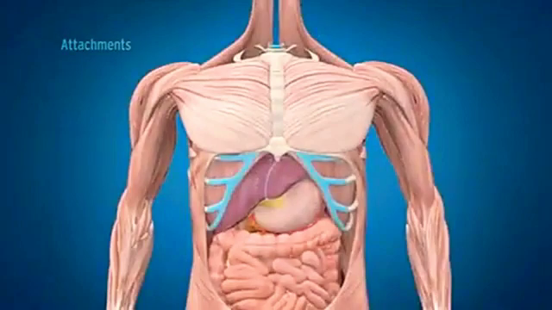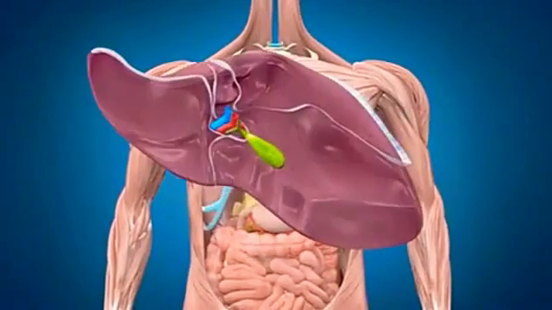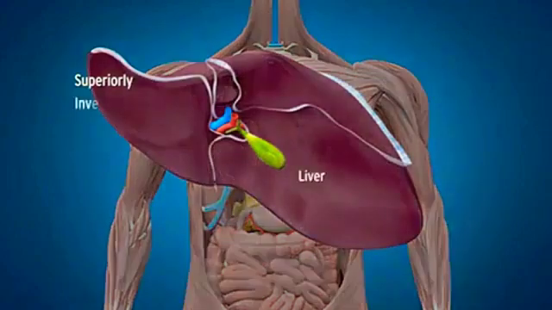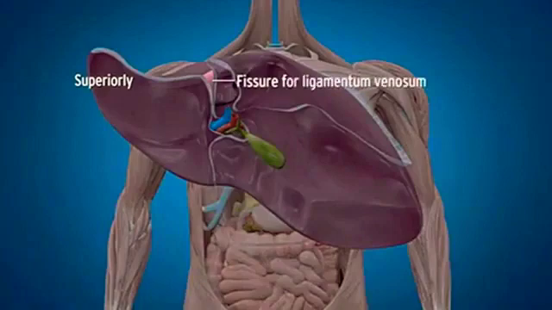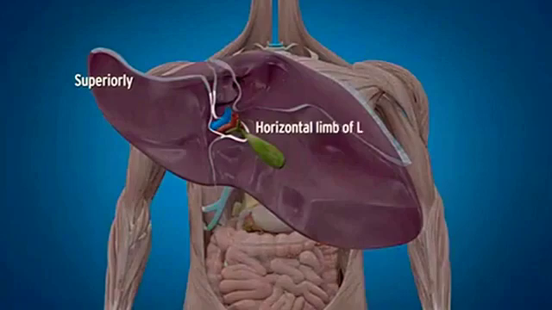Attachments. Superiorly, it is attached to the liver in the shape of inverted L. The vertical limb of L is attached to the floor of fissure for ligamentum venosum. Horizontal limb of L is attached to the margins of porta hepatis.